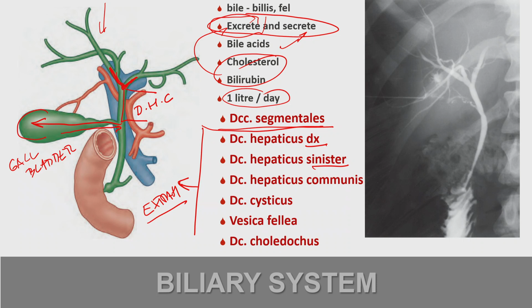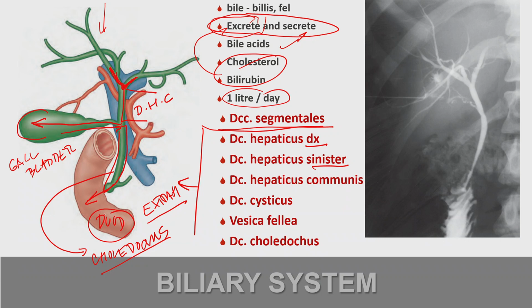This blind way then delineates the last part of extrahepatic ducts, which is called choledochus duct. And from the choledochus duct, the bile is flowing into the duodenum.